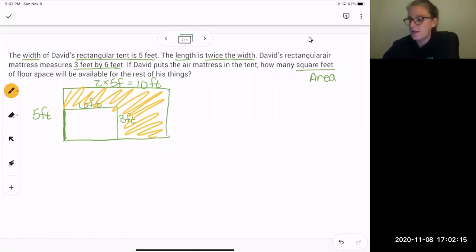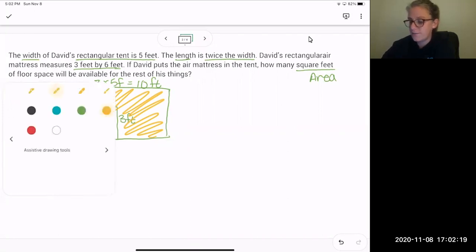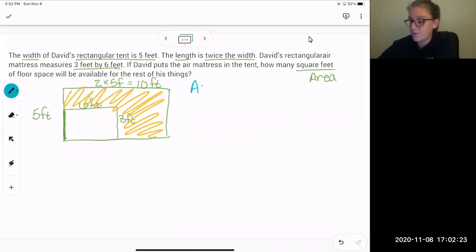Okay, so the area of the total tent, we know our equation for area is area equals length times width. Okay, so of the tent, T-E-N-T, our area is going to be 10 times 5.